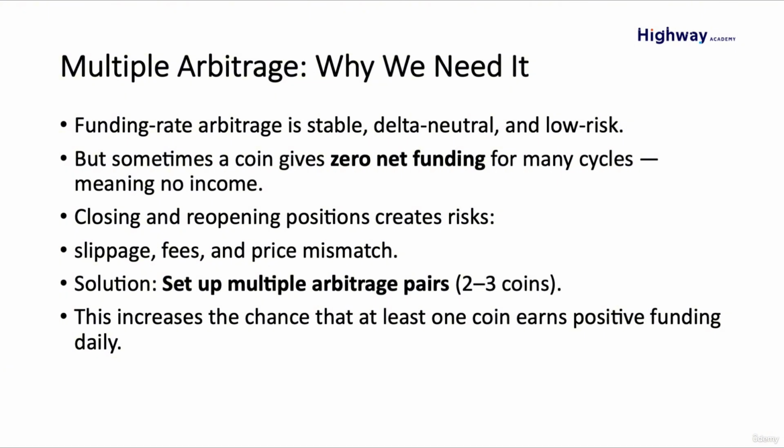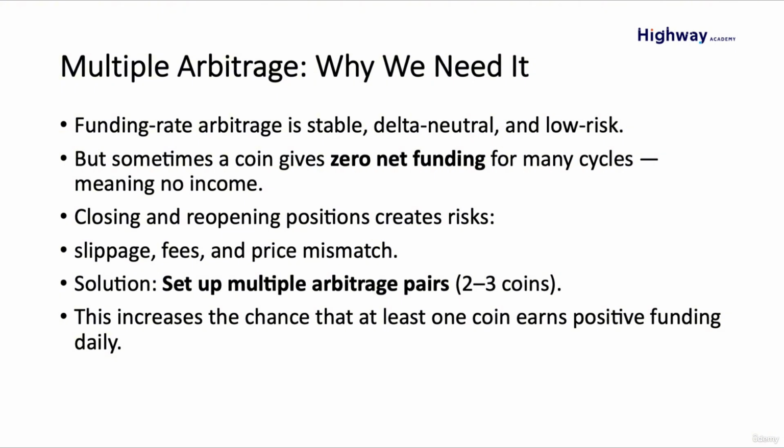For this reason, when I face a zero funding period, I usually prefer to sit and wait for the positive funding period to return. But of course, this creates a new problem. If you're holding only one arbitrage position and that position is earning zero funding for a few days, your overall return slows down. So how do we solve this issue?